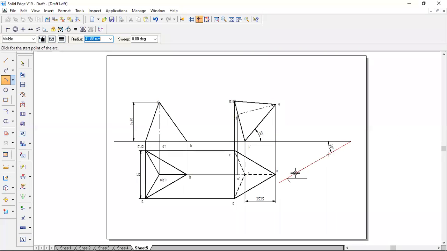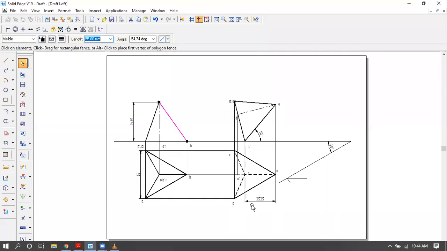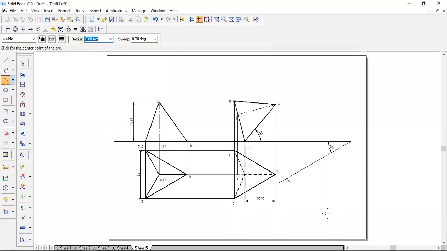Same center, 35.35 is the radius. Draw an arc to cut this locus line. Enter the radius and then cut this locus line and get the intersection point and join to that.